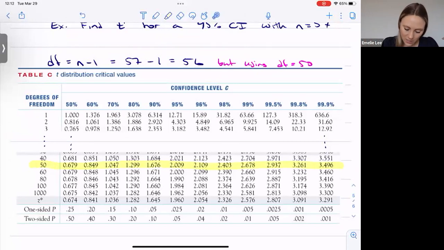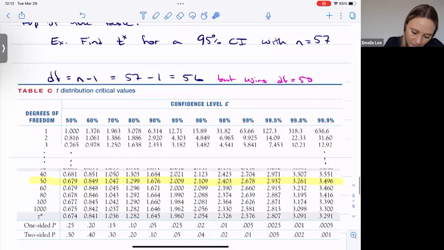Notice the difference between a z star of 1.96 and a t star of 2.009, pretty much the same. So there's not a huge change happening here. At these higher degrees of freedom, it's not really that big of a difference.